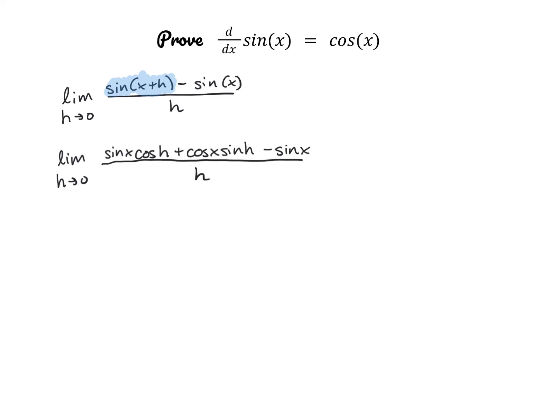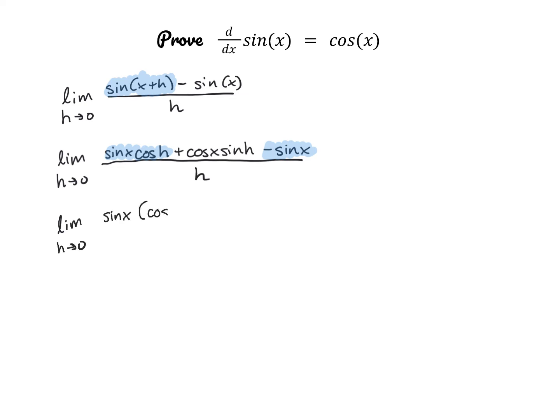So we still need to do a little bit more work before we do direct substitution here. So let's start by seeing if we can factor. So something you might notice is that this term and this term both share a common factor of the sine of x. So imagine I'm grouping those two together and I'm factoring out the sine of x.